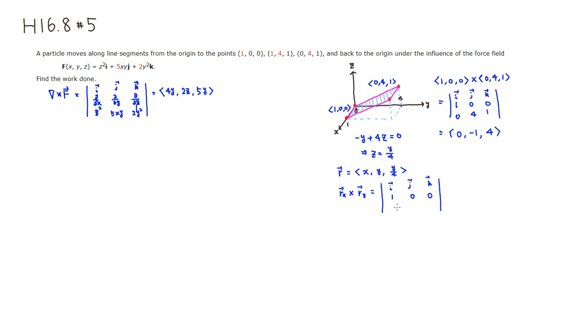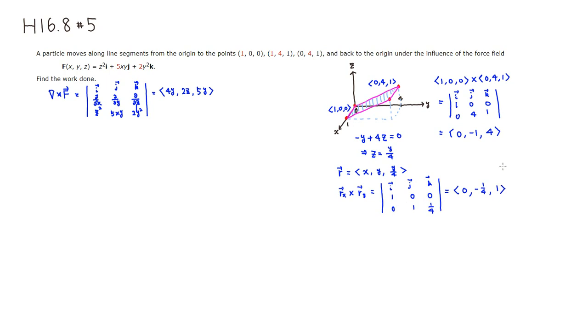Partial with respect to y is 0, 1, 1/4. The cross product: the first component is 0, the second component is negative 1/4, and the last component is 1.